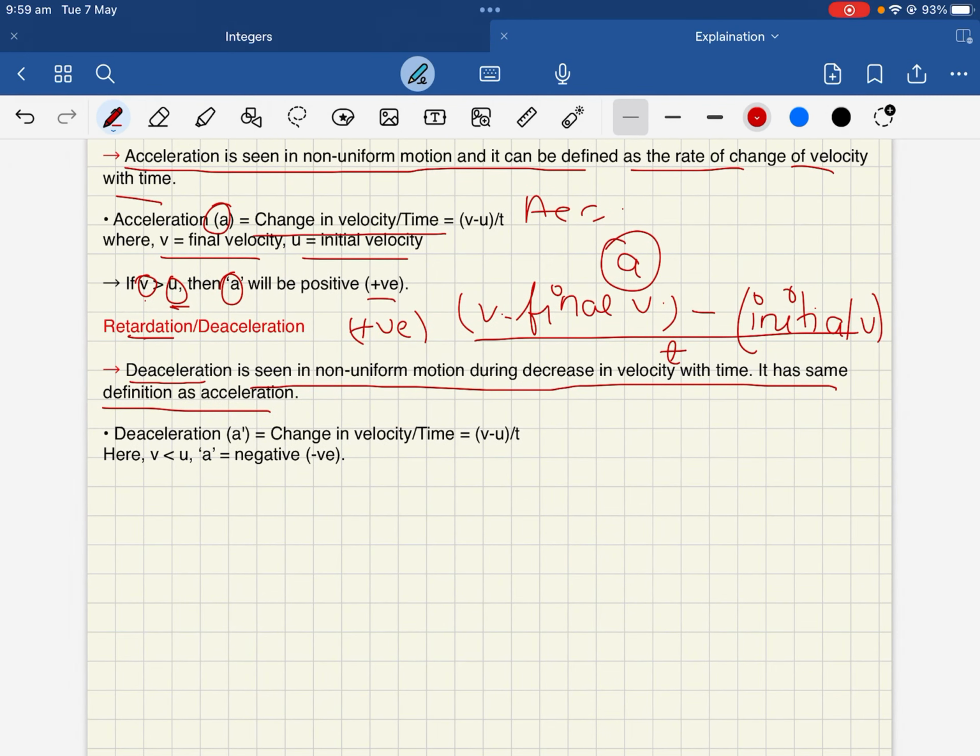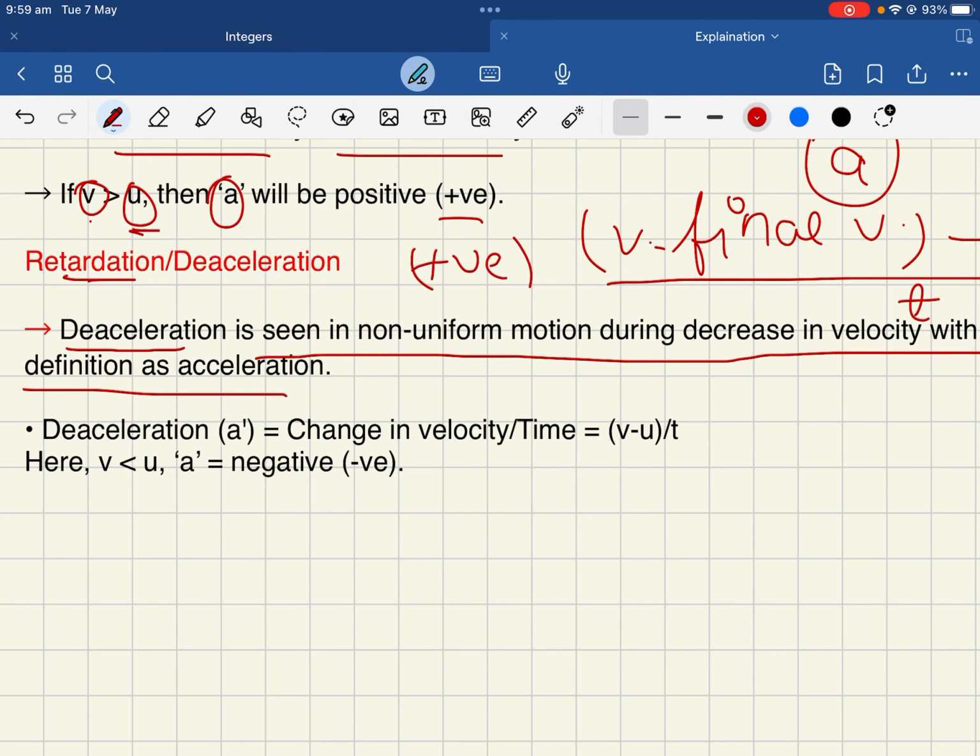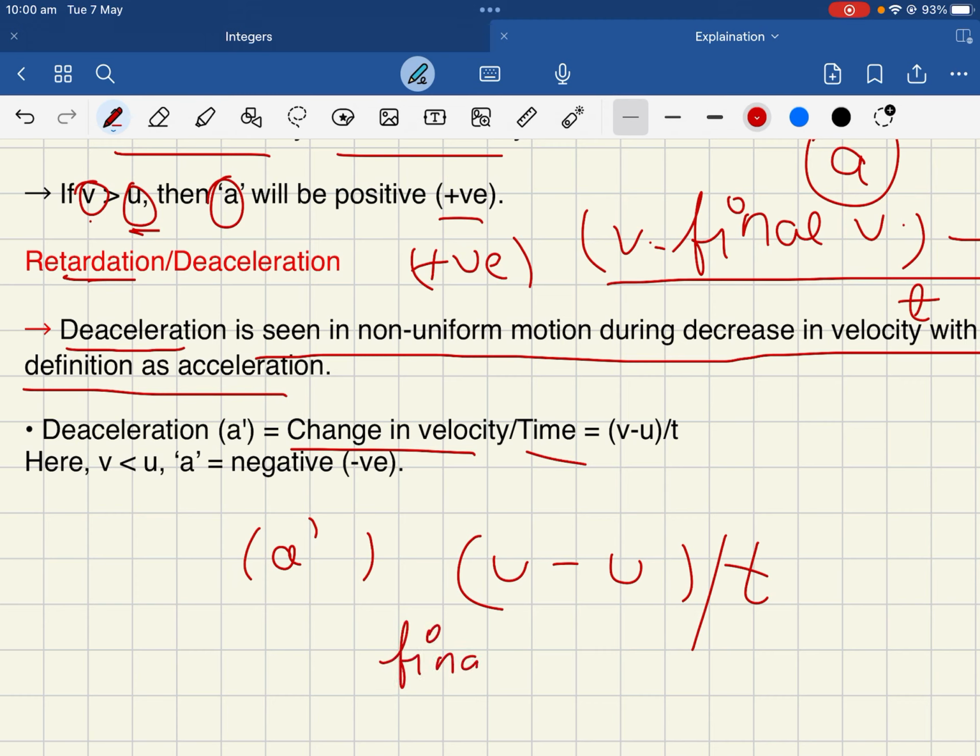Same with deceleration or retardation. It is symbolized by this change in velocity upon time, v minus u by t. Same, but what is important here is the final velocity is less than the initial velocity.